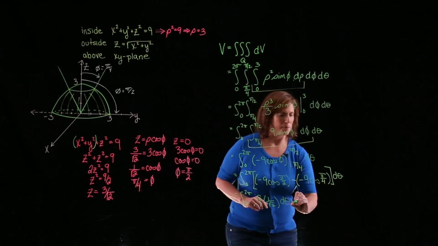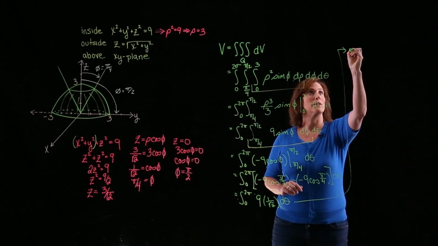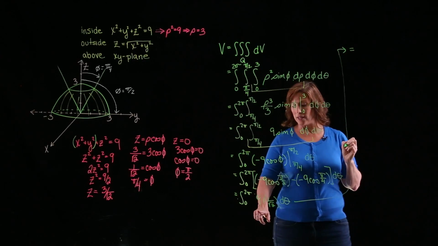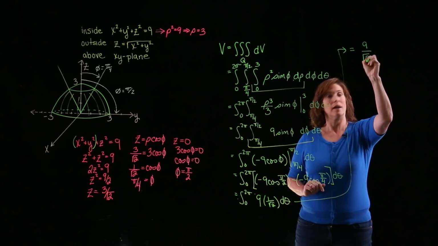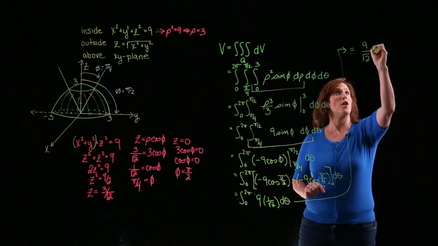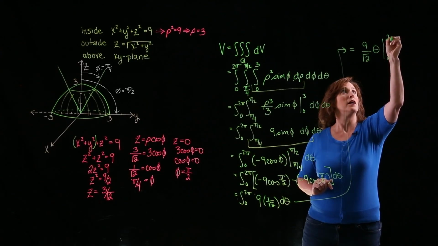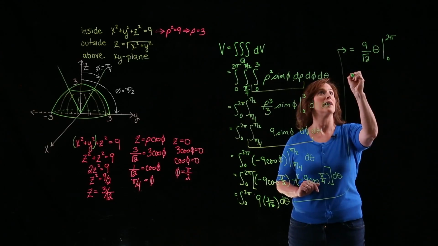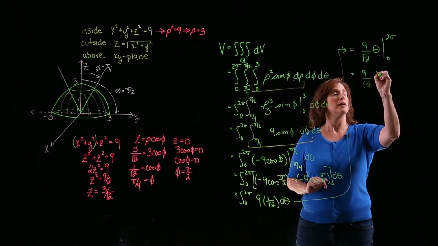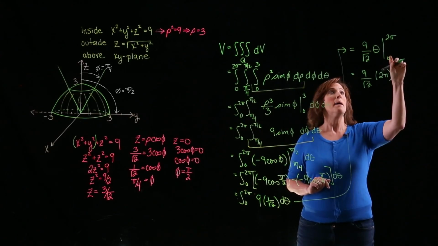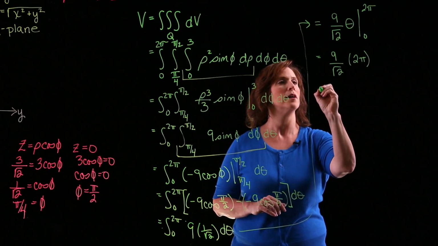We need to do one more integration. I'm integrating the constant 9 over the square root of 2 d theta. So that'll be 9 over root 2 theta evaluated from 0 to 2 pi. So I've got 9 over the square root of 2 times 2 pi minus 9 over root 2 times 0, which is 0.